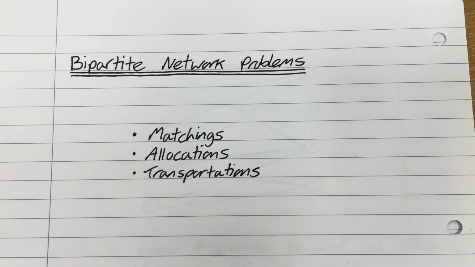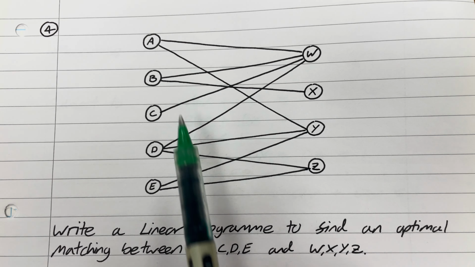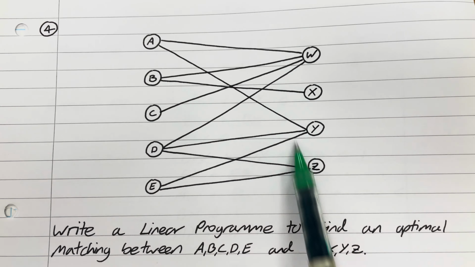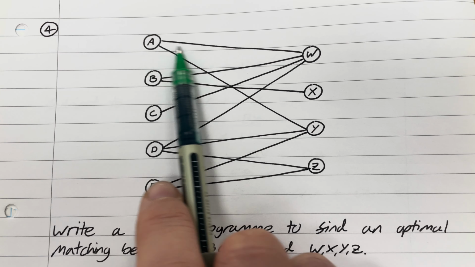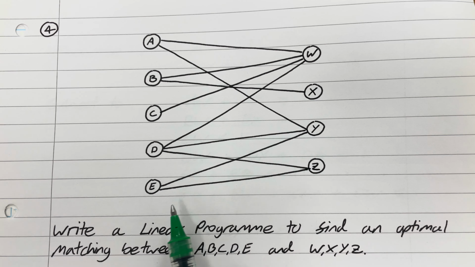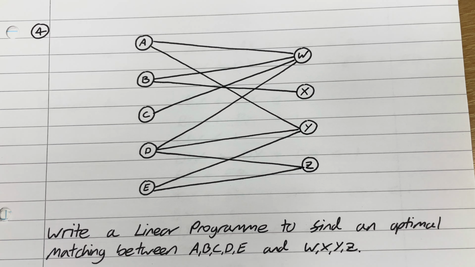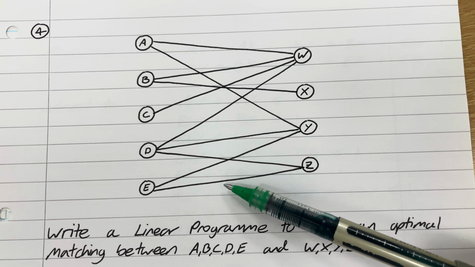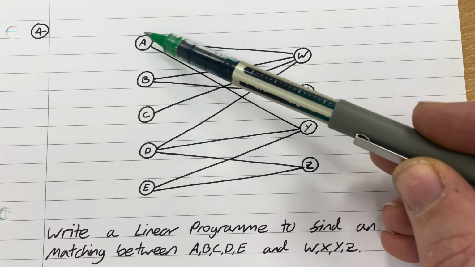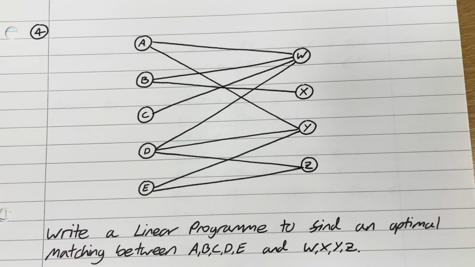So the first one is a matchings problem. So here we have a bipartite graph, and we can see a bipartite graph has got two groups, and there are some connections from one group to the other. And our job, in the matchings problem, is to decide which arcs to select such that as many elements from one group are connected to the other group as possible without duplication.